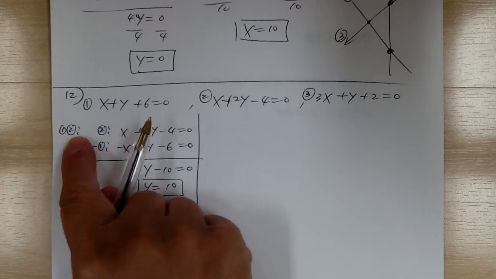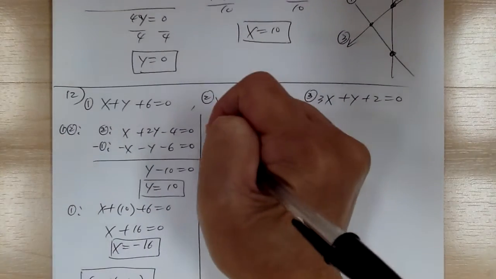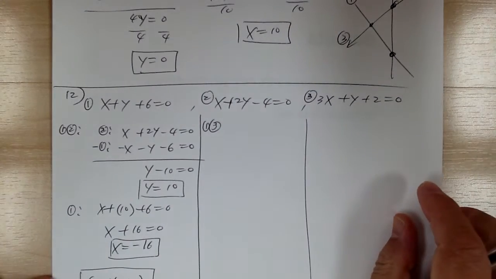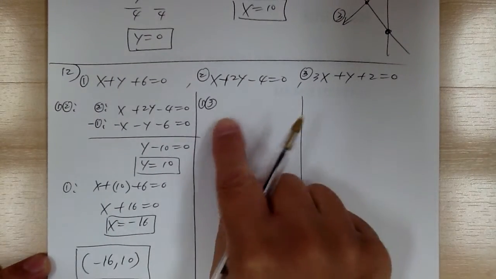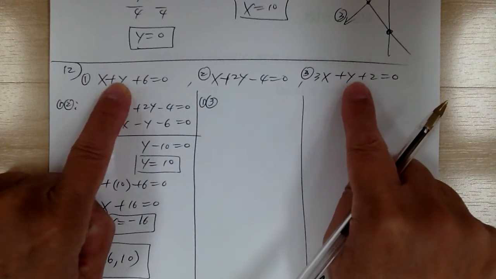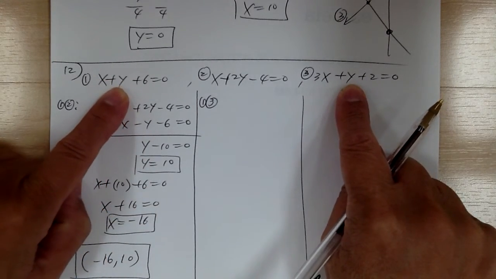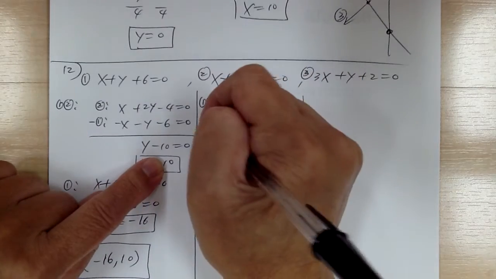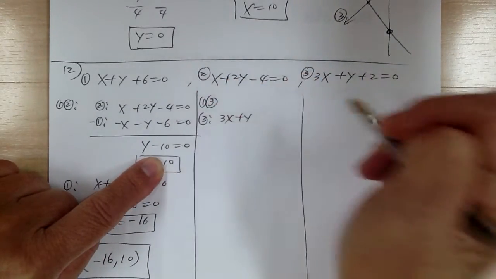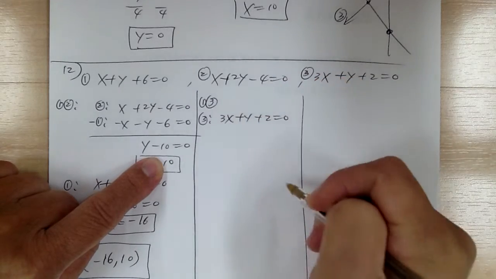I used 1 and 2, so now I'm going to do equations 1 and 3. So you have these two equations, and I'm going to eliminate the y. So equation 3, I get 3x plus y plus 2 equal to 0.